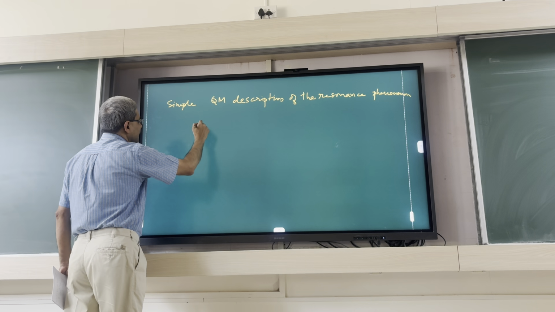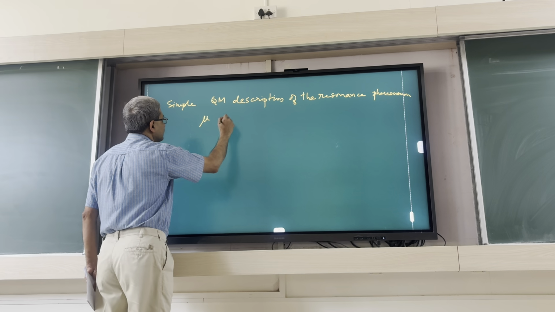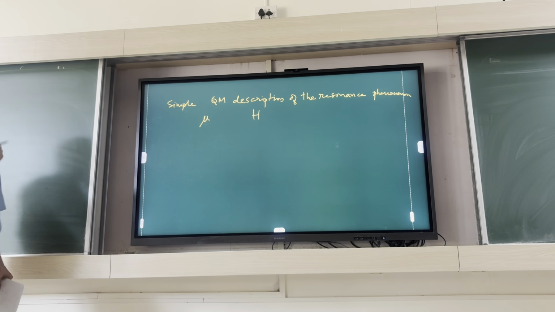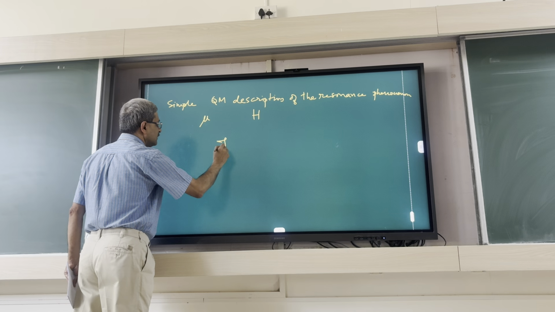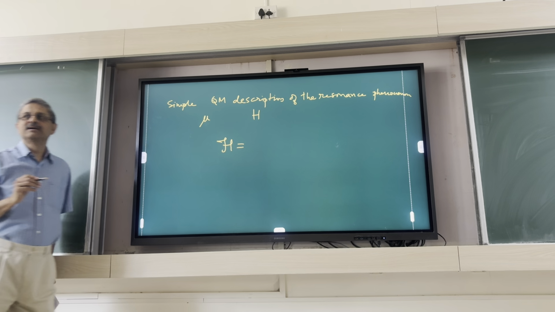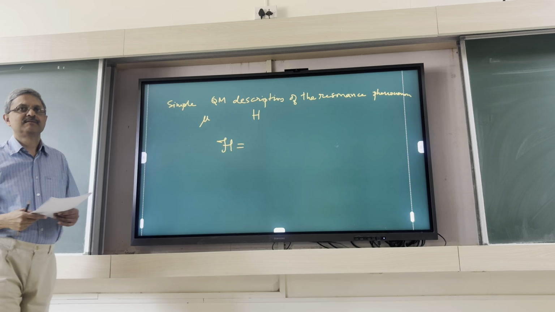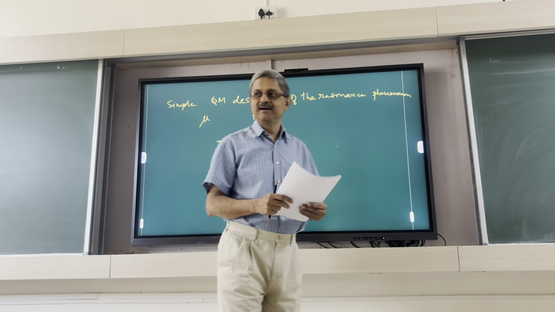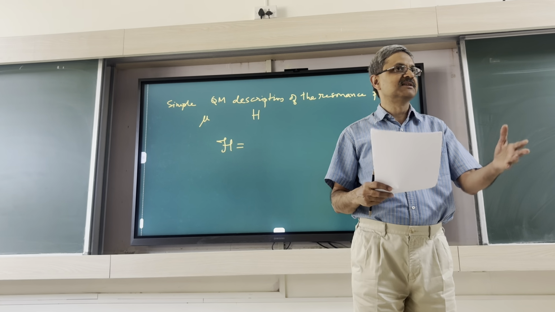If you have a magnetic moment mu, and you place it in a field H, what is the Hamiltonian governing this? You have a magnetic moment mu in an applied magnetic field H.